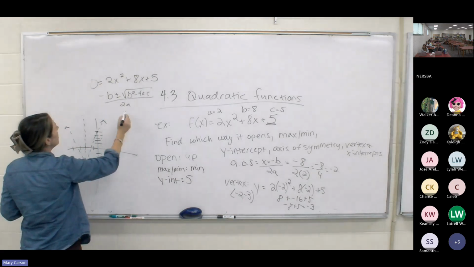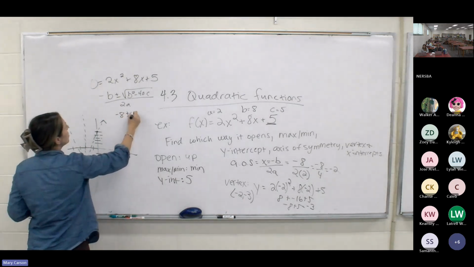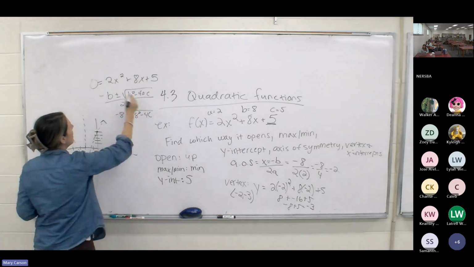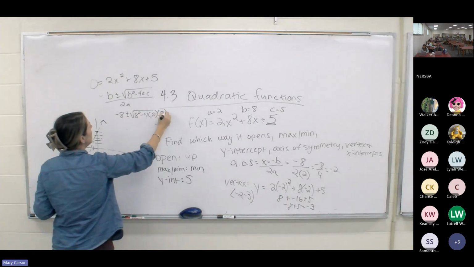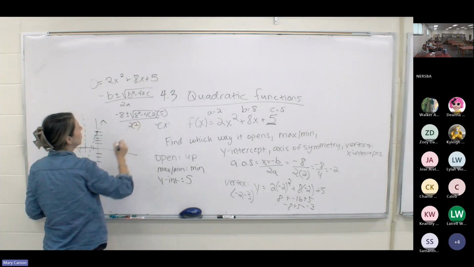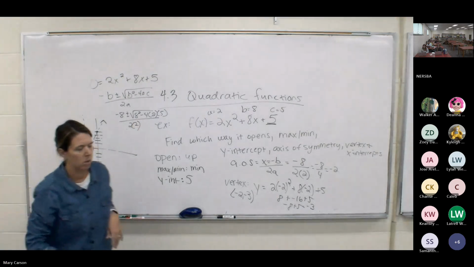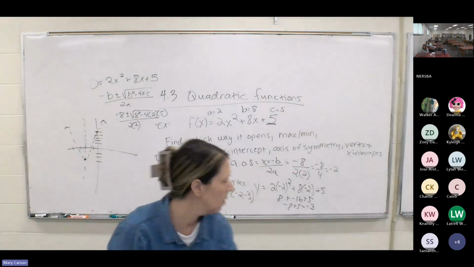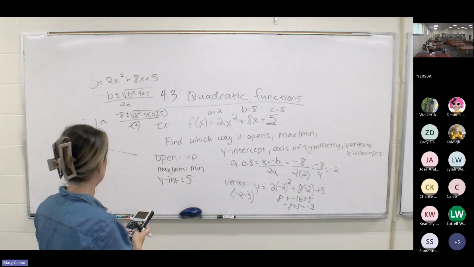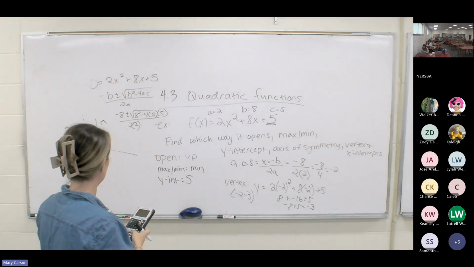So -b is going to be -8 plus or minus square root 8 squared minus 4 times 2 times c, which is 5, all over 2 times 2. 64 minus 40. No, 4 times 2 is 8.